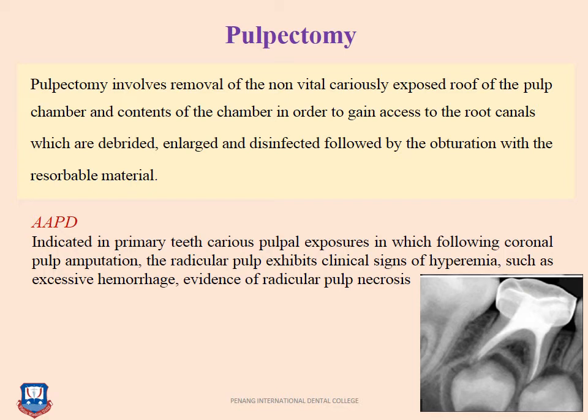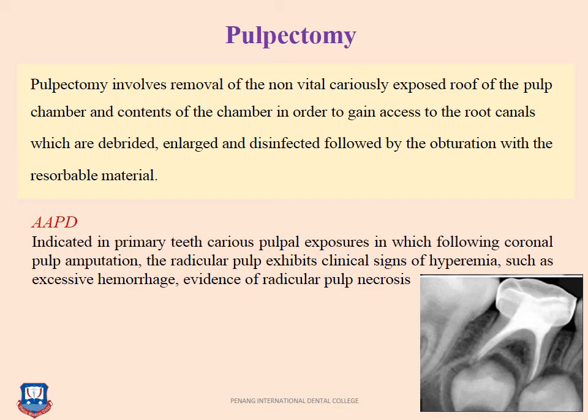According to AAPD, that is American Academy of Pediatric Dentistry, it is indicated in primary teeth with carious pulp exposure, in which following coronal pulp amputation, the radicular pulp tissue exhibits clinical signs of hyperemia such as excessive hemorrhage, evidence of radicular pulp necrosis.